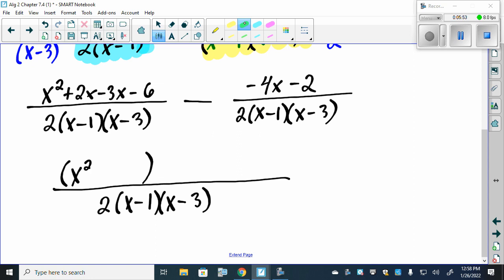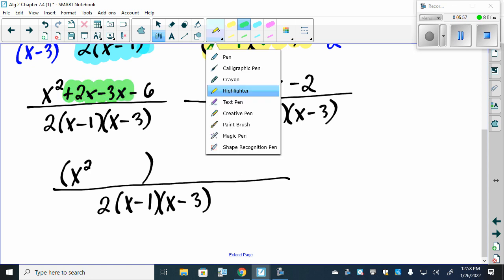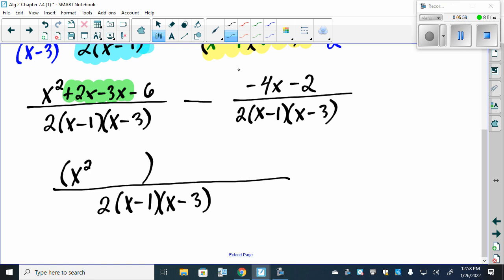But interestingly enough, we do actually have 2x and negative 3x, yes? What is 2x minus 3x? Negative 1x, yes? So you say minus x, minus 6. So I decided to do that in one main step. That way we don't have to rewrite this entire thing over just to combine 2x and negative 3x.